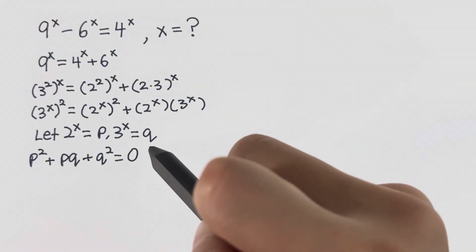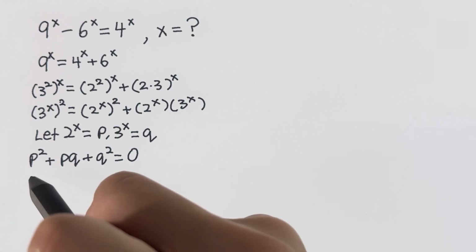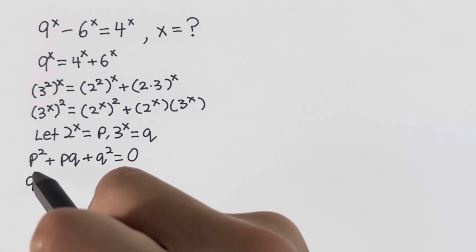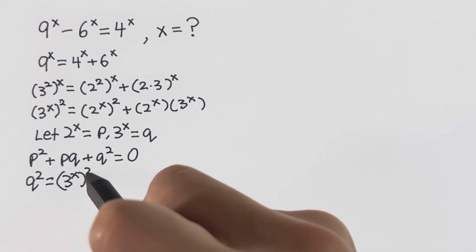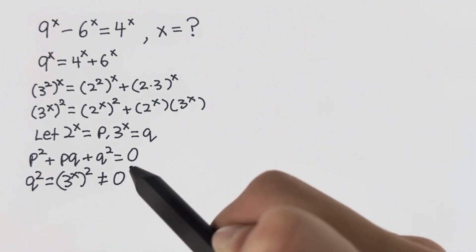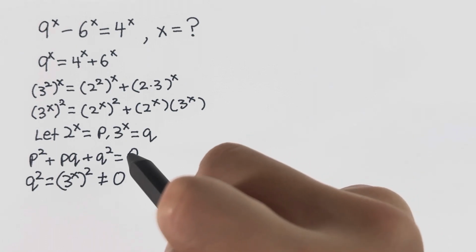To prove this, we know that if we want to divide by q squared, which equals 3 to the power of x squared, this will not equal 0 because 3 to the power of x is an exponential function. If you graph it, you know that exponential functions aren't equal to 0. It does not matter what x is, 3 to the power of x will not equal 0. So this means that we can divide by q squared.